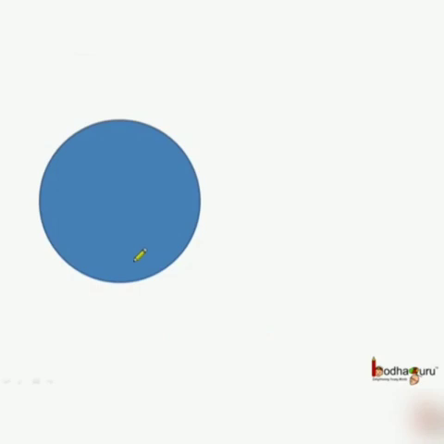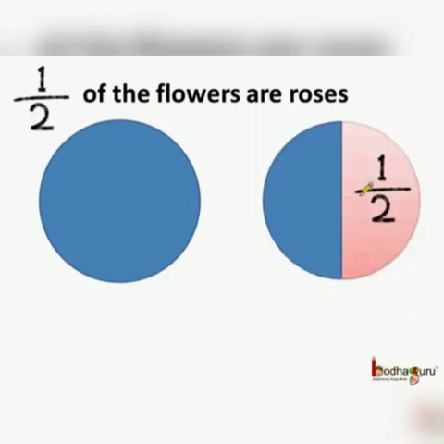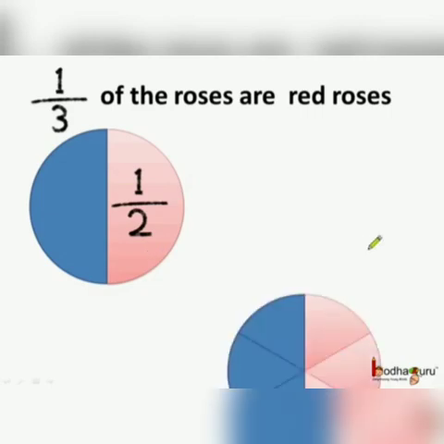Now if this circle represents the number of flowers, then half of the flowers are roses. So this half represents the number of roses. Now 1/3 of the roses are red roses. So let's divide this half into 3 parts.